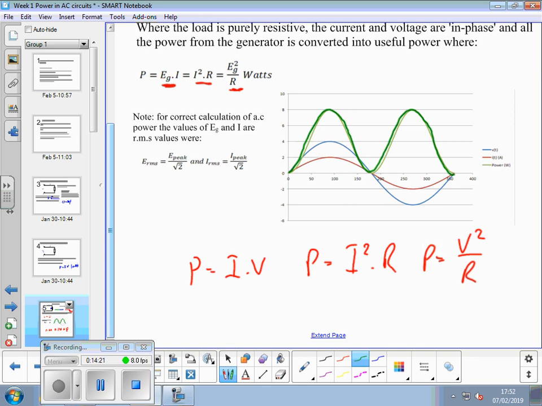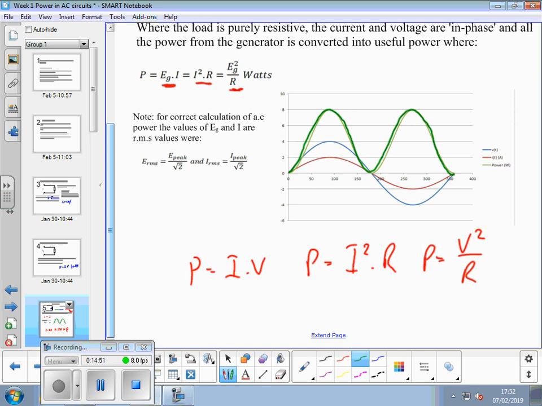And there's a note here that for correct calculation of AC power, the values of E and I are RMS values, RMS standing for root mean square. What the root mean square value is, it's the value of that waveform of voltage or current that would give the same power as the same level of voltage in DC.